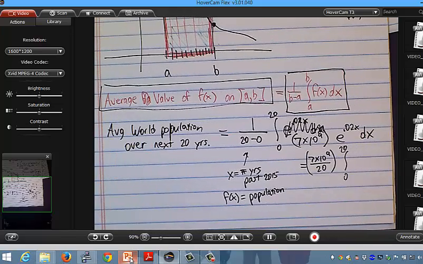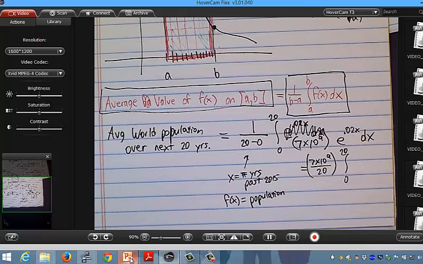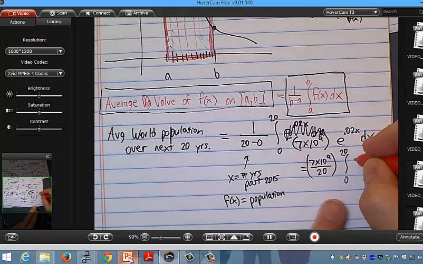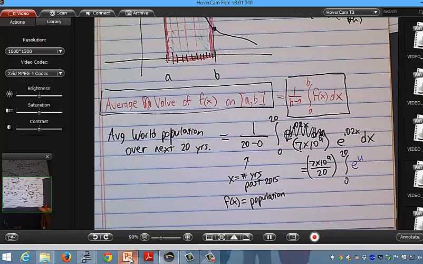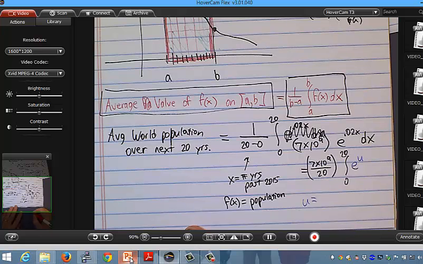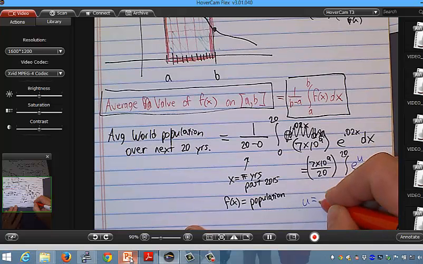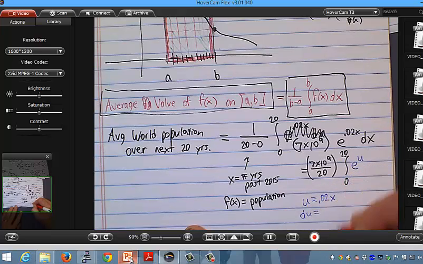So let's go through the actual substitution we would make, because what we're going to eventually do is write e to the u here. Now for me to do that, let's go through those steps. What does u equal? 0.02x. So what does du equal? 0.02 dx, right?